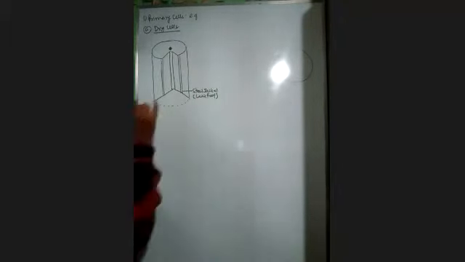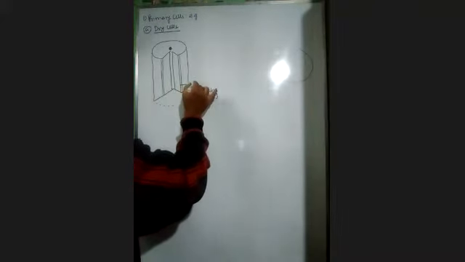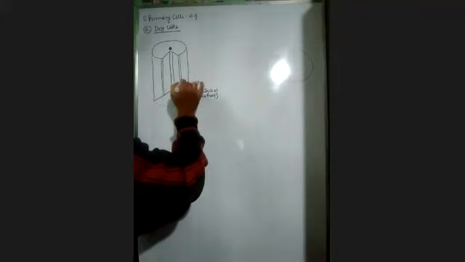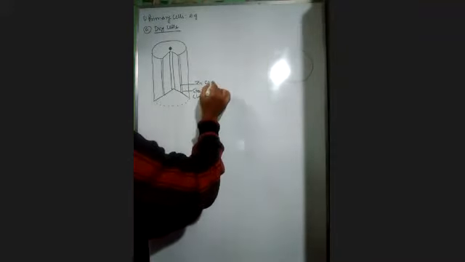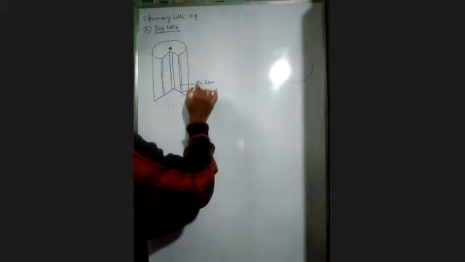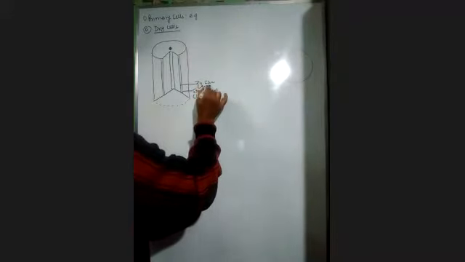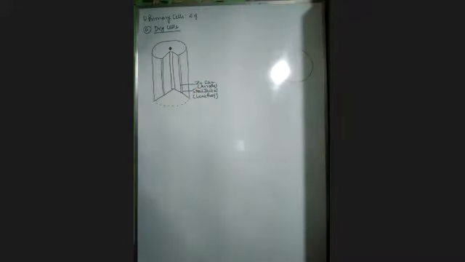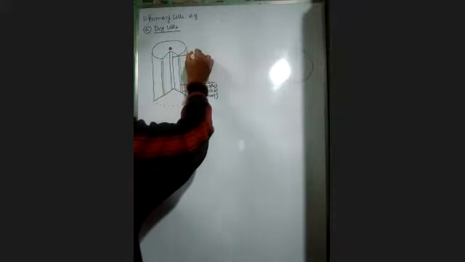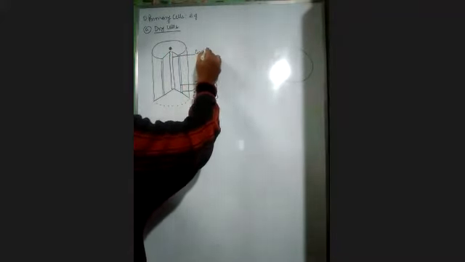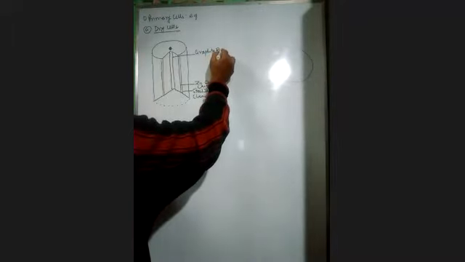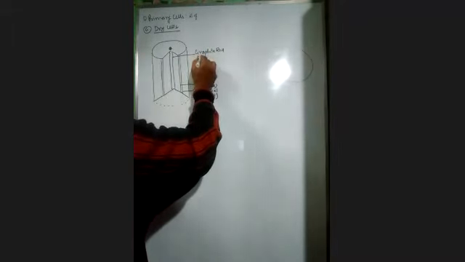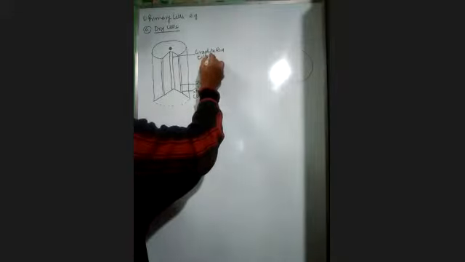Now you try to understand the chemistry. This is the zinc container, a zinc can. Can means container, and this acts as the anode. And this is a graphite rod, the cathode.